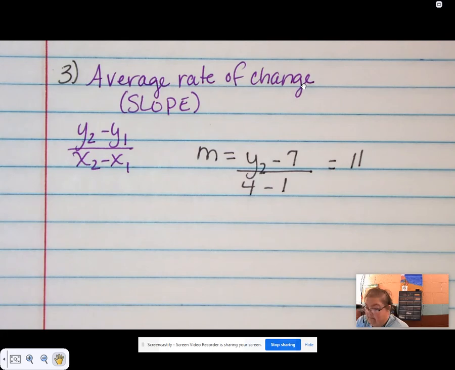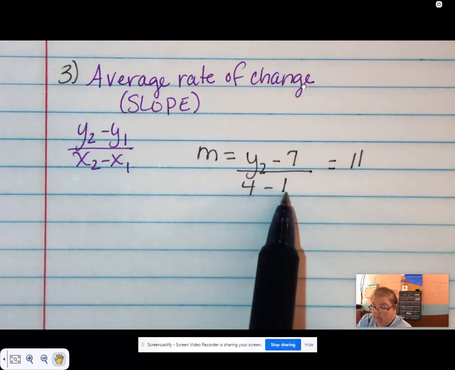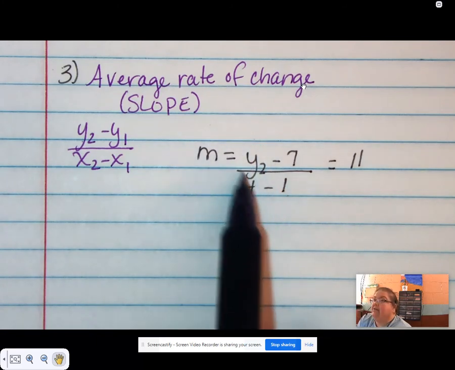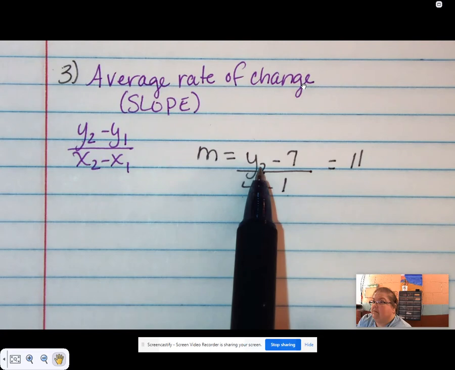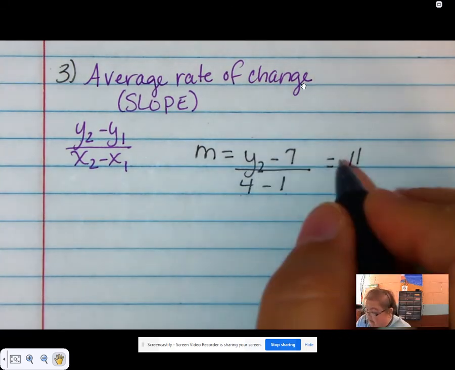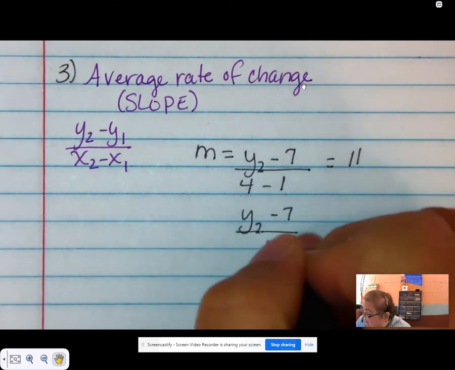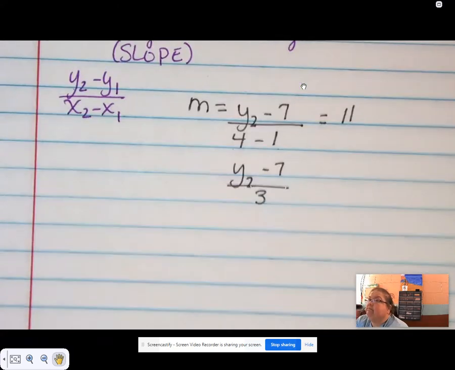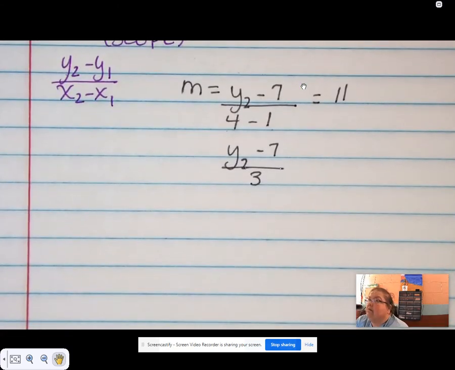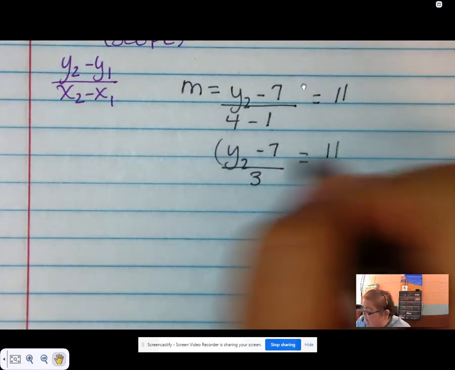Okay? Interval 1 to 4. I need to find this, and it's minus 7. Okay? So now I'm just gonna solve this. Y sub 2 minus 7 over 3 equals 11.